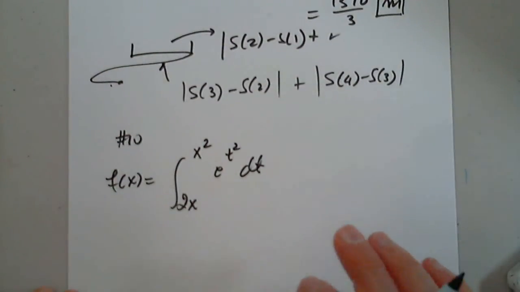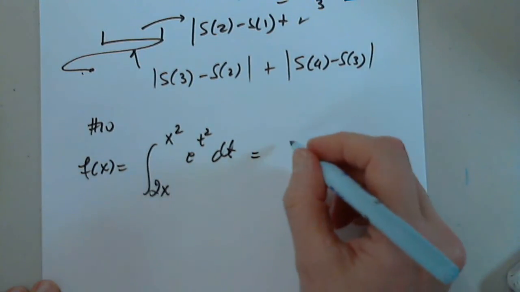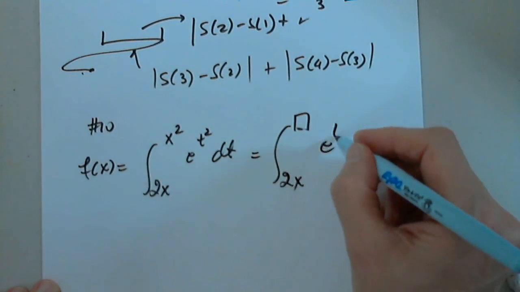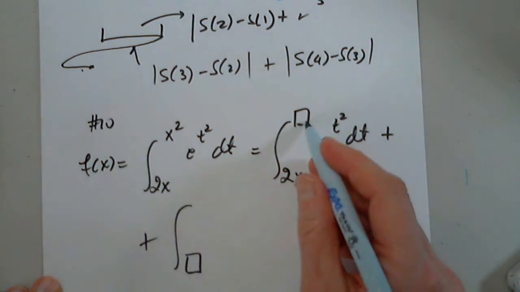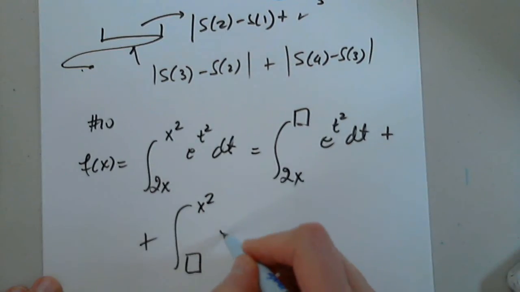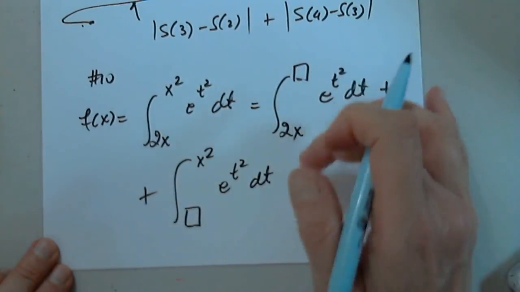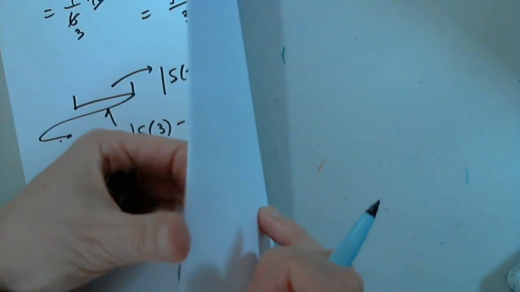Okay, so it's not ready for part 1. So I have to break it up. From 2x to whatever number you want of e to the t squared dt, plus from the same number to x squared of e to the t squared dt. This is okay, but this has to be flipped. So it changes its sign.